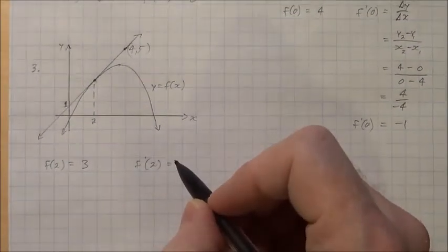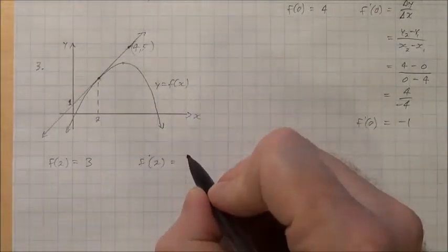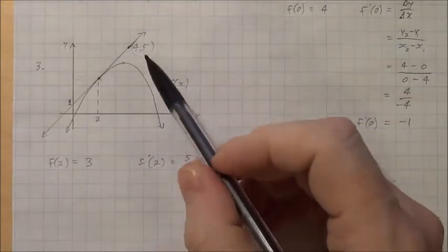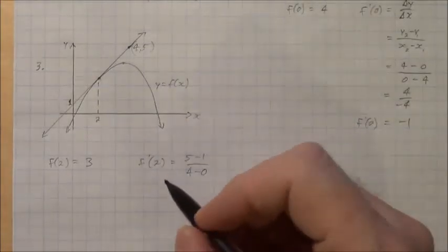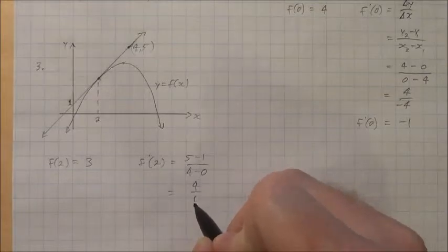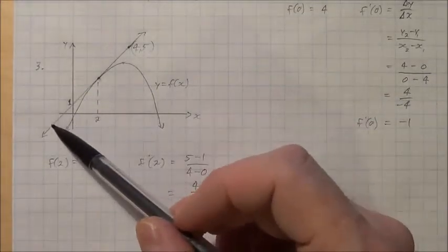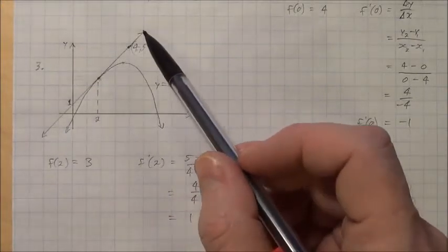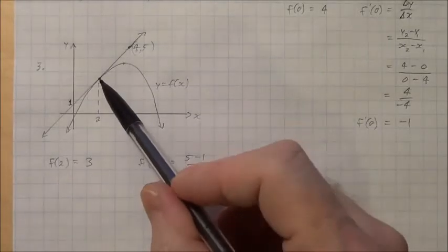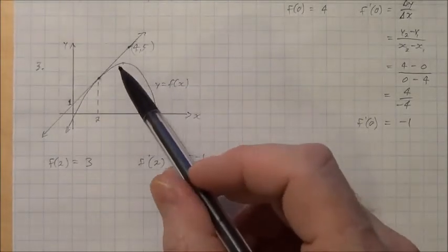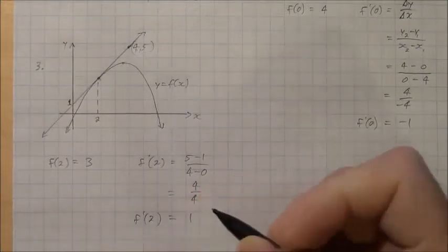So y2 minus y1, so I can say 5 minus 1 over 4 minus 0 gives me 4 over 4, which gives me 1. So the rate of change, or the gradient of this tangent line, is 1. Therefore, at the point of tangency, this curve has a gradient of 1 as well.